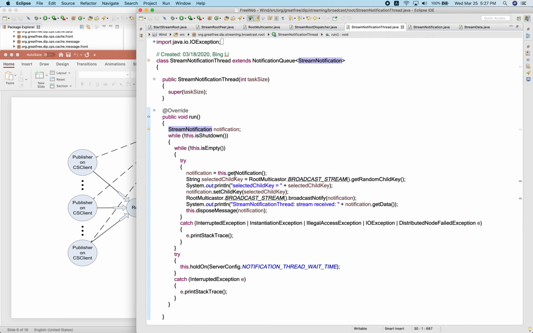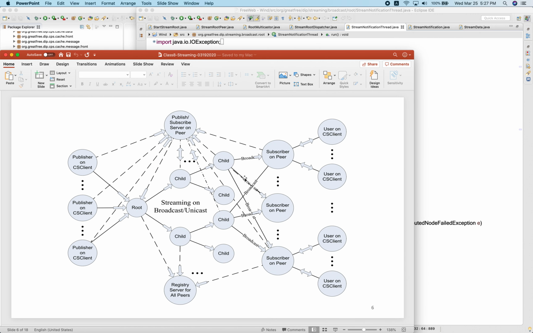Because we talked about that before. Because the data is multicast, not multicast, broadcast to all the children, so all the children have the same data from the publisher, right? All the children here have the data from the publishers.